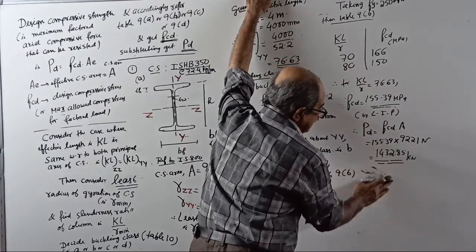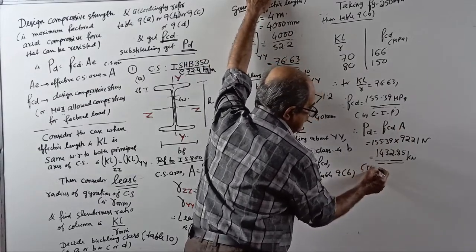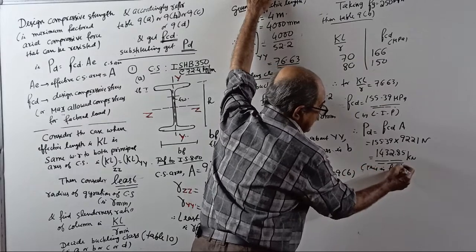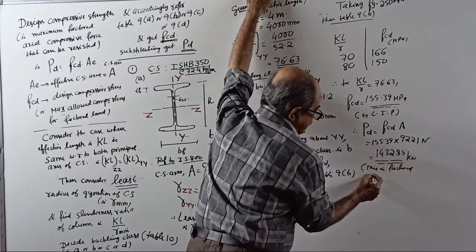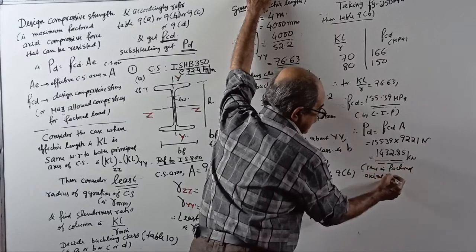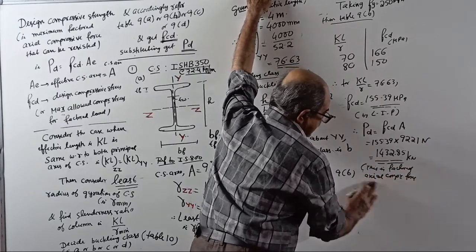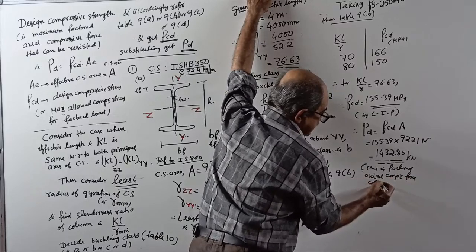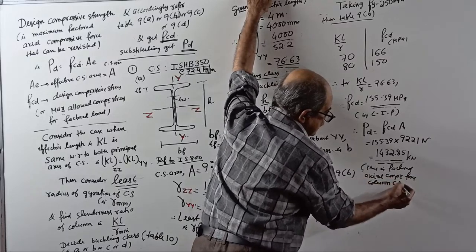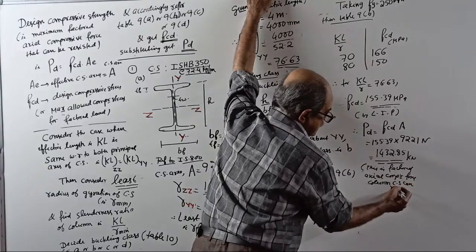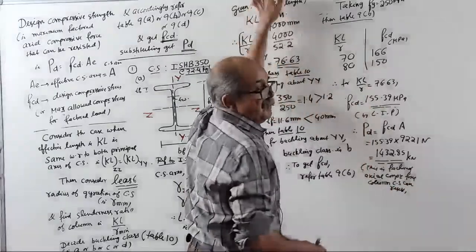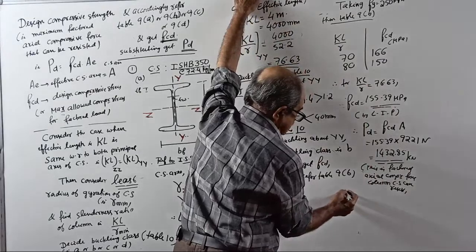Now, lastly, this is the factored axial compressive force the column cross section can resist. Now, make a note.